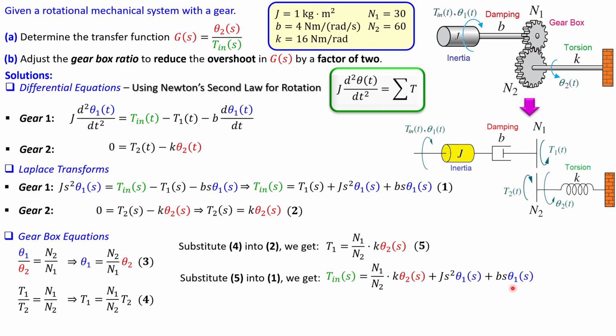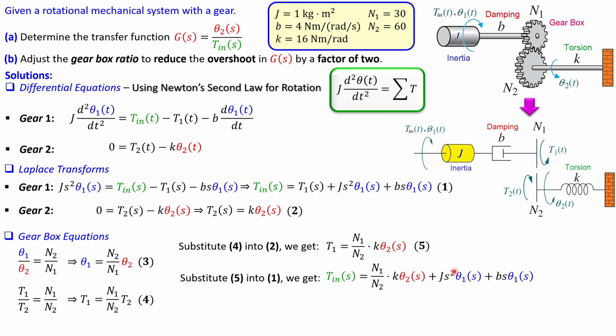But we are very close to what we actually want to achieve, because if you want to set up your transfer function, you need to set up an equation where you only see the Tin and the θ2 in this case times some coefficients from the system. But you cannot have a T1 or θ1, because that's not what we want.